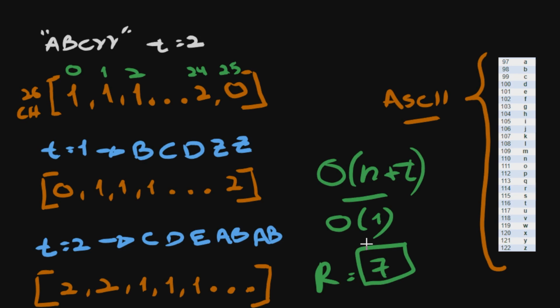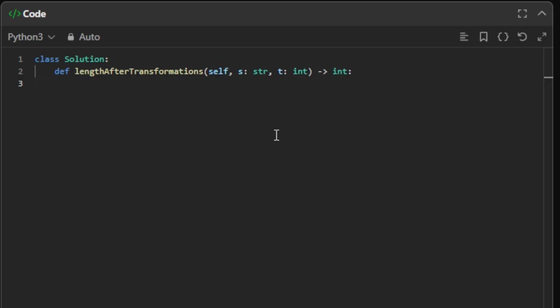So now we will go with the code, and hopefully you will get the idea. First, we want to put our mod value into a variable, so mod equals 10 to the power of 9 plus 7. Result is initially 0, and the frequency map is an array with 0 times 26. And for every character in the string, we update the map at the ASCII code for the character.